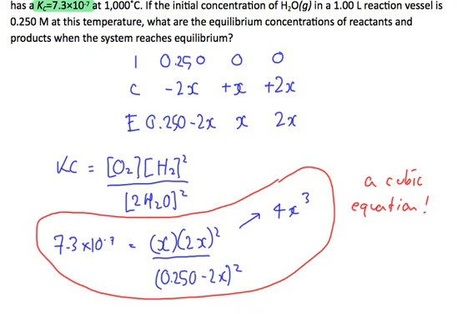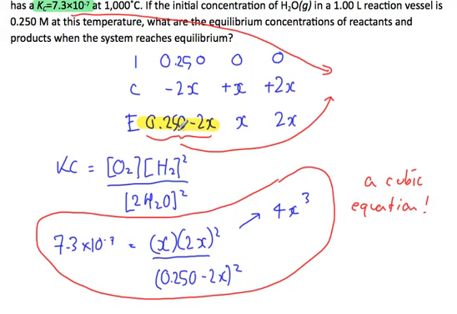But what I have is this. This is what's important. This 0.25 minus 2x. And so this is where I can make my assumption. Okay, so again, if we look at the value of k and we consider this, what we're saying here is the equilibrium is going to lie far to the left because of the value of k, favoring reactants.